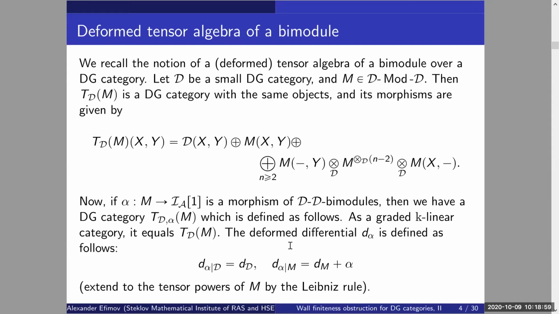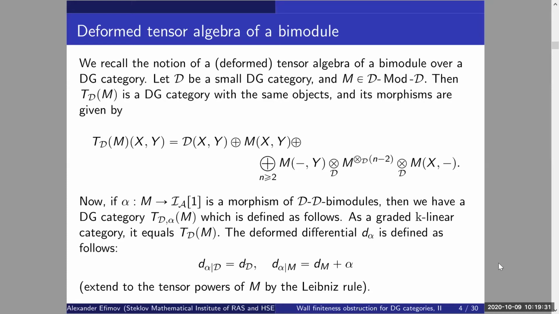And for this bimodule, we just take the old differential plus alpha, where alpha goes from M to D. It's much simpler than the general Maurer-Cattan equation. So it's just given by a morphism of bimodules. And of course we extend to the tensor powers of M by the Leibniz rule.